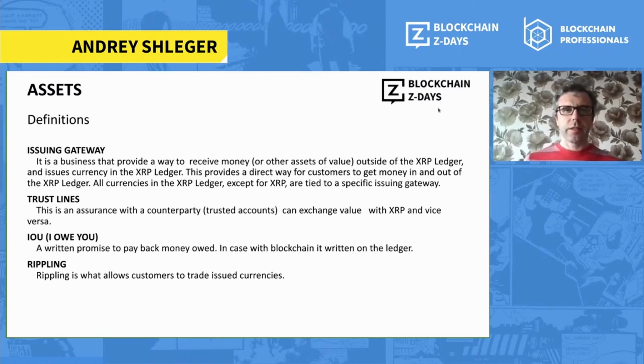You just send your promise that somebody will send you money, and when there are so many promises in the network, you could trade them. I think it could be done without market makers at all.